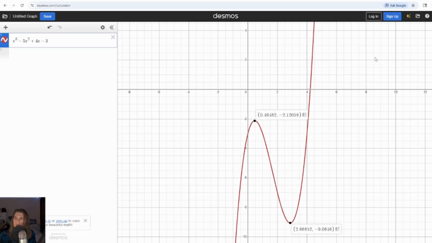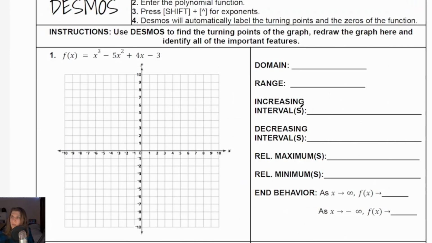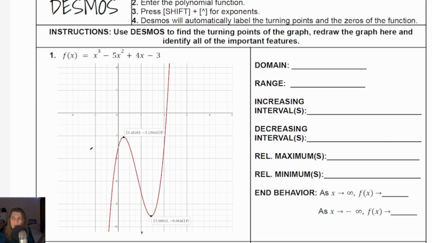So let's get back to the other sheet. I'll leave this up, but let's go back. So we want to come back to here, and instead of drawing the graph out, I'm going to just put that one up. So if we are looking at all of our important points of this graph, first we need to figure out domain and range.